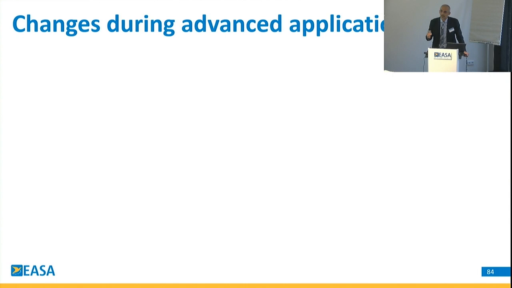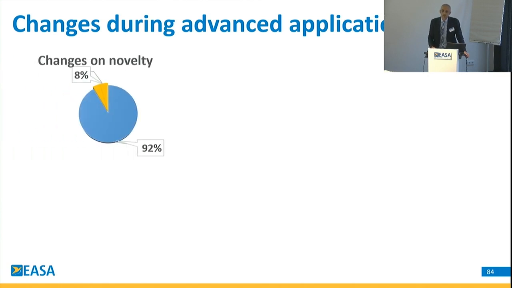Then in this slide we have, still from the statistical standpoint, an overview of how many times we required some adjustment on the classification of the risk proposed by the applicant. Now, still considering the CDIs proposed by the applicant, in 92% of the cases we accepted their classification for novelty, and in 8% of the cases we asked the applicant to change the classification proposed for novelty.